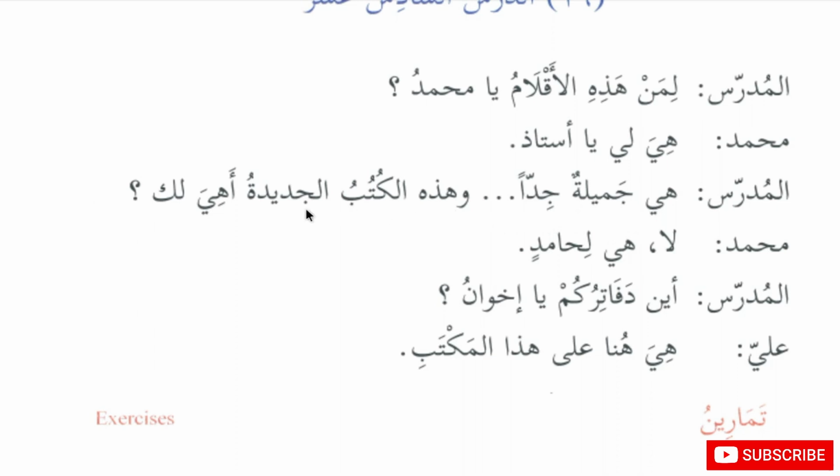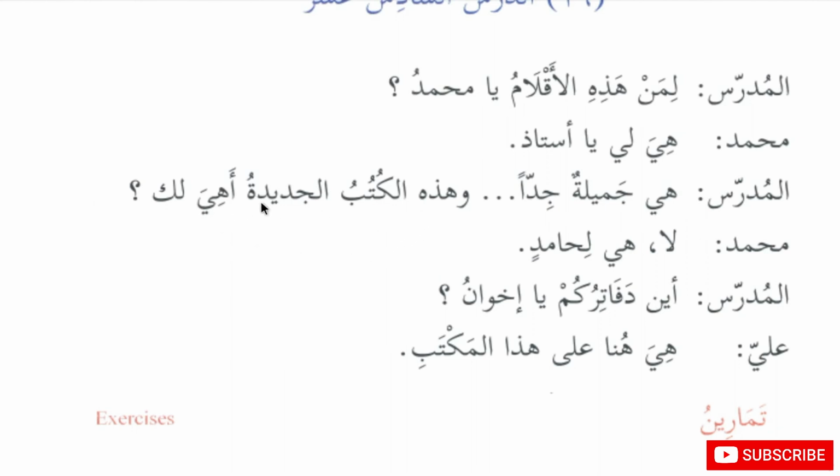وهذه الكتب الجديدة هي لك. And these books, now a kitab is also غير عاقل, it's non-human, it's non-intelligent. So kutub, the plural, will also be, grammatically speaking, female singular. So وهذه الكتب الجديدة هي لك.